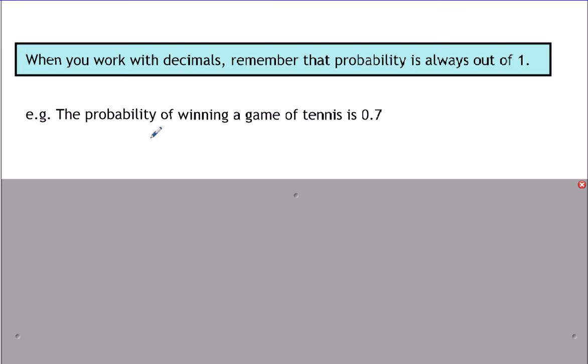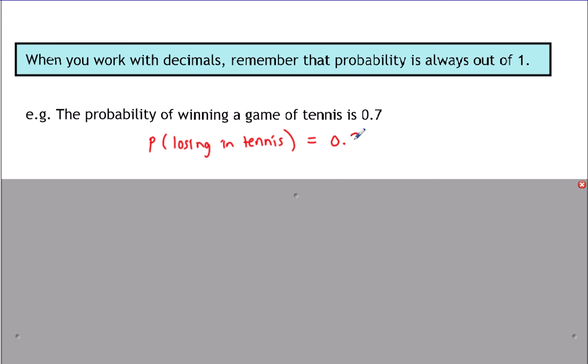So I can work out the probability of losing in tennis because I just say, well, if I've got a 0.7 chance of winning and it's got to make 1 altogether, what do you add to 0.7 to make 1? Or what is 1 take away 0.7?